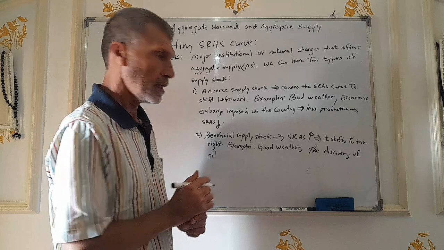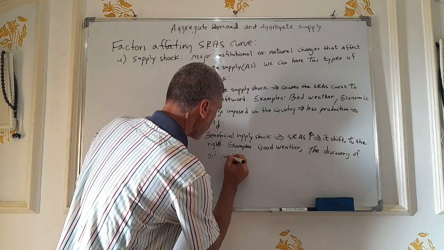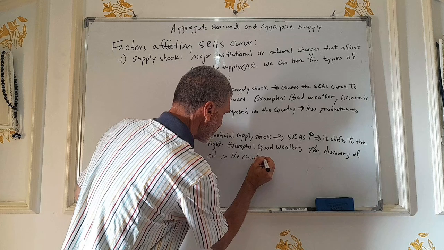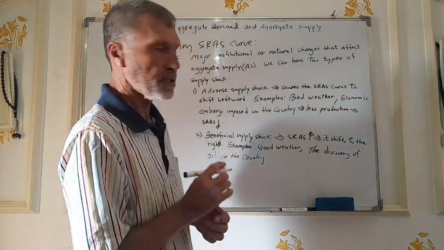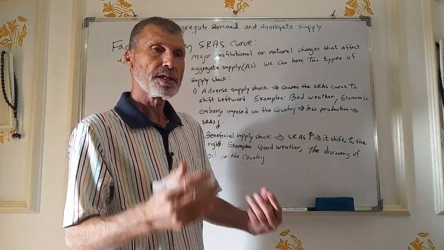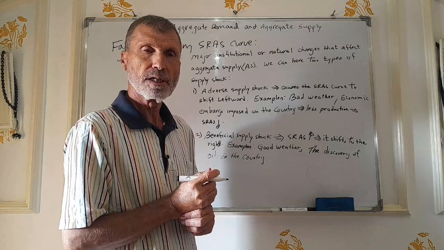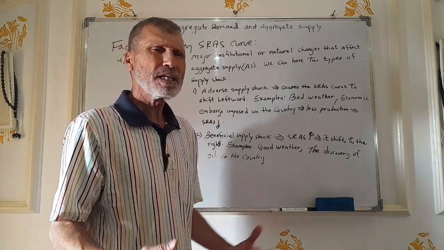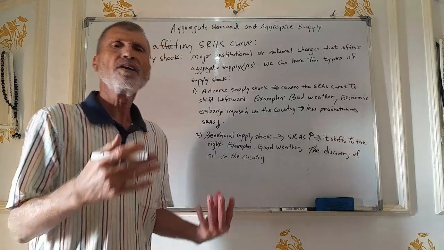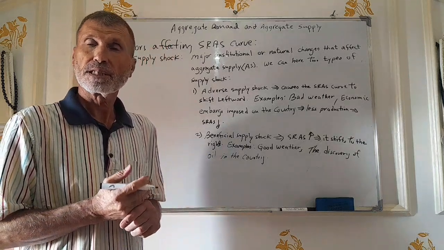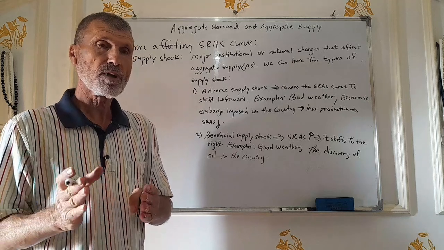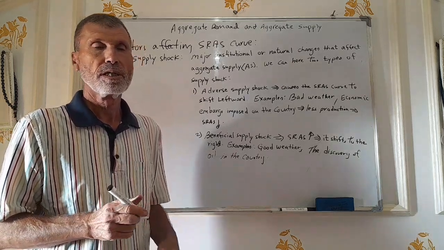Discovery of oil in the country can increase production in the country, which implies a shift to the right of the short-run aggregate supply. And many beneficial things that take place in the country can cause short-run aggregate supply to shift to the right, which implies more production in the country.